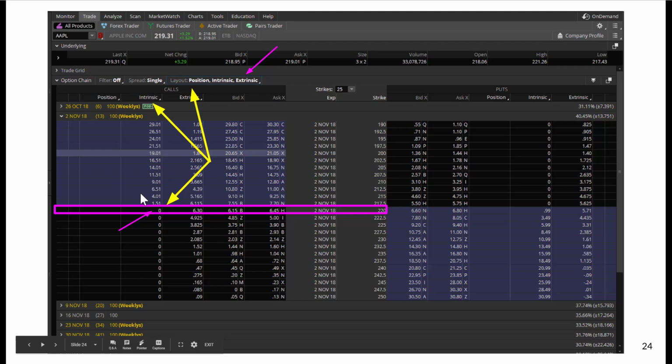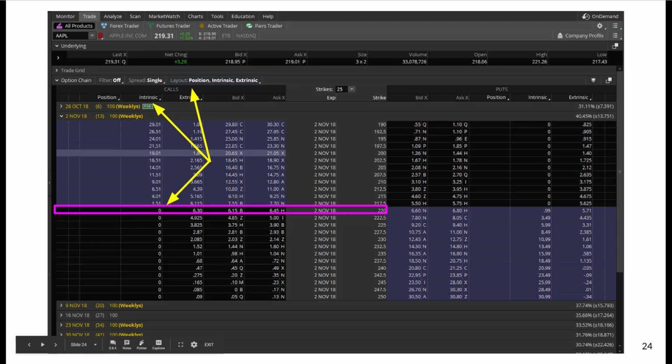So you can see right here, the first in the money strike has $1.51 of intrinsic value, but it has a ton of extrinsic value. So, $6.11.